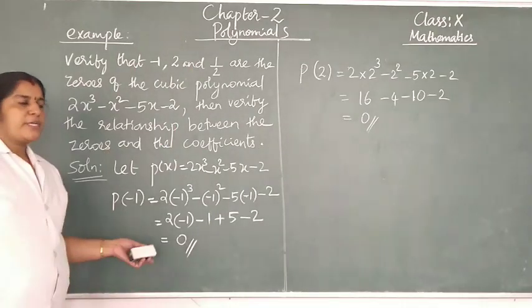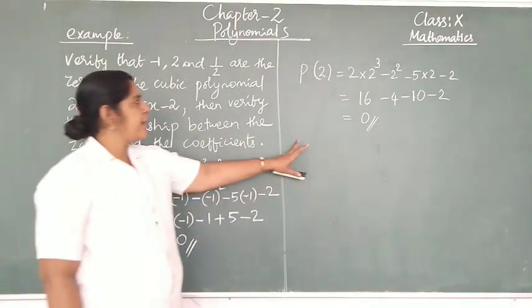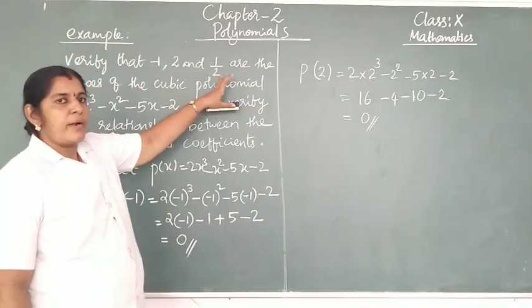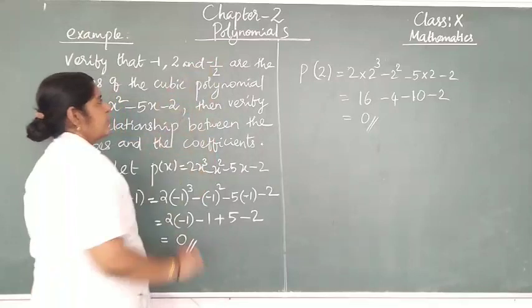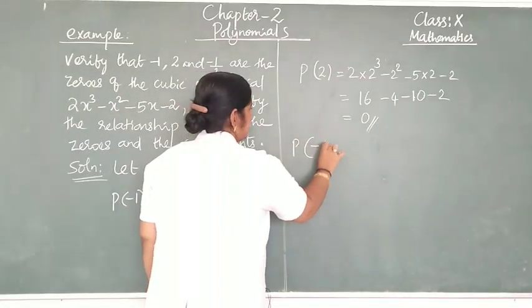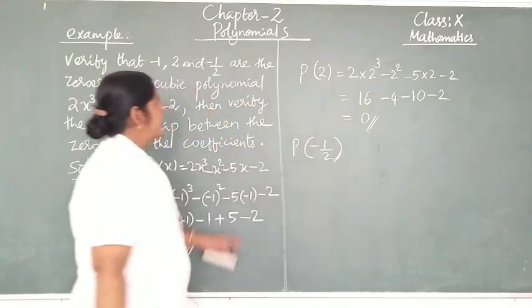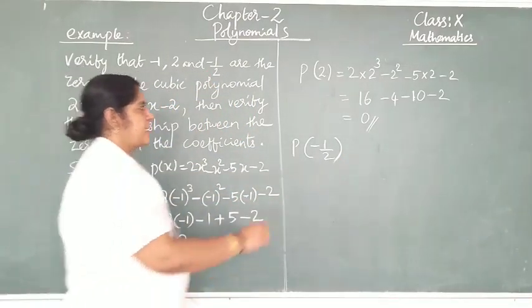Yes, now we are going to verify the third zero. So for that we need to find out p of 1 by 2. It's not p of 1 by 2, it is minus 1 by 2. So we are going to find out p of minus 1 by 2. The third number is minus 1 by 2. Now let us verify what is p of minus 1 by 2.